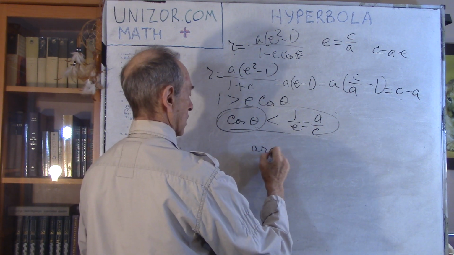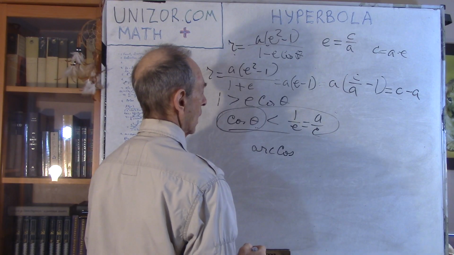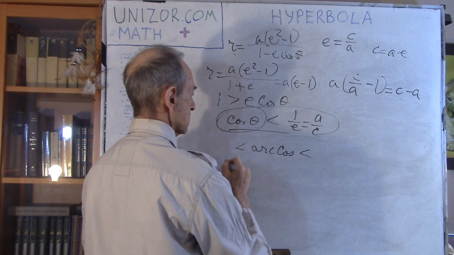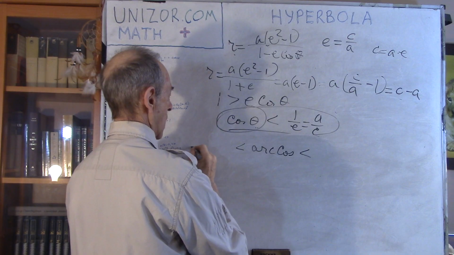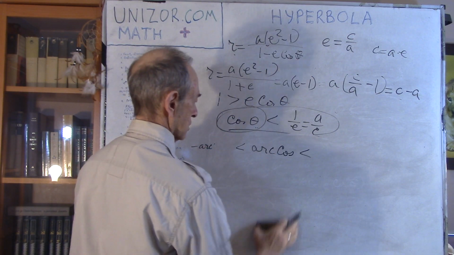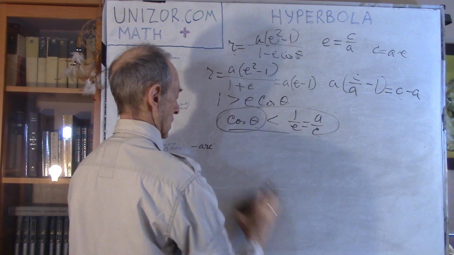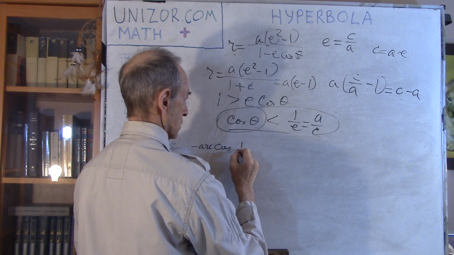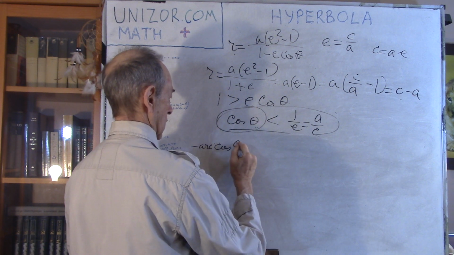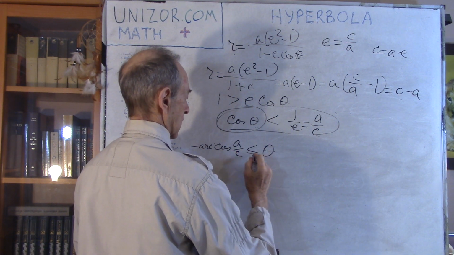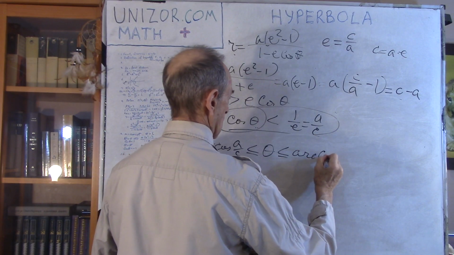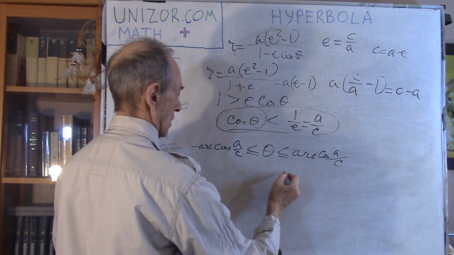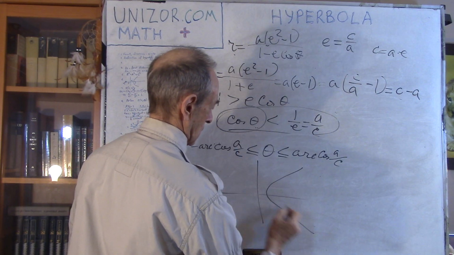So that would be arc cosine of what? 1 over e, so arc cosine of a divided by c, if theta is in these boundaries.